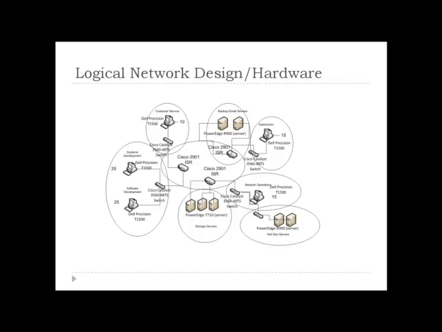You can see that for all of the host machines, we have the Dell Precision T1500s for all of those clients, and then all the clients then butt into a Cisco Catalyst 3560 switch, which then goes to the core of the network at the Cisco 2901 ISR router.